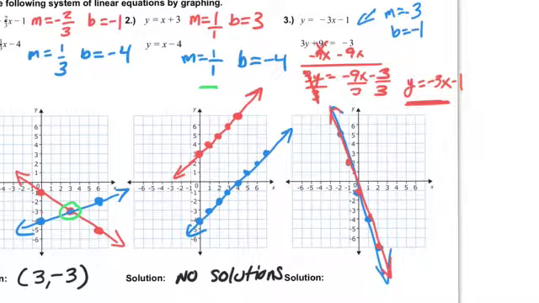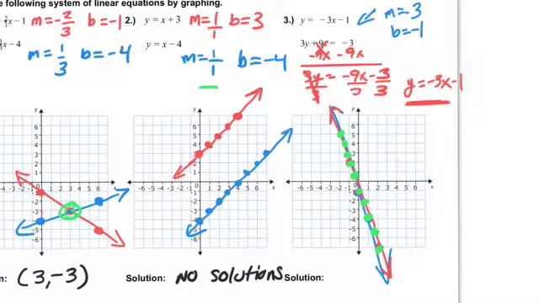The solution to a system of linear equations, as we talked about in number 1, is where our graphs intersect, where they are touching. Well, on this graph, since our lines are right on top of each other, every single point on that line is going to be a solution to this system of linear equations. And since that line goes on forever and ever, it means there are an infinite number of solutions.